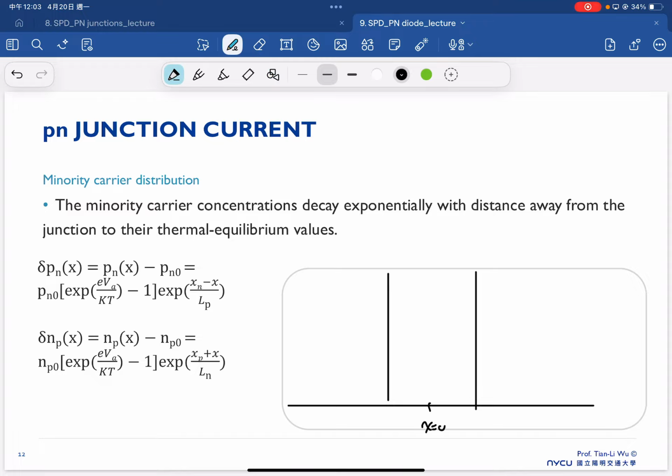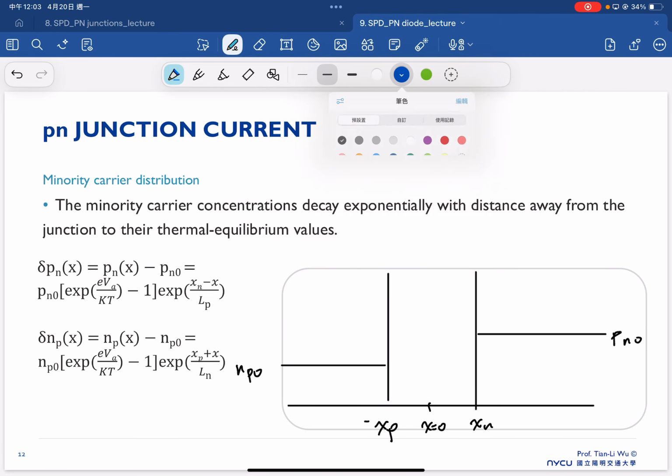At x equal to 0, xn minus xp, we have np0 and pn0, the minority carrier concentrations, and on the boundary here we have npx and pnx.